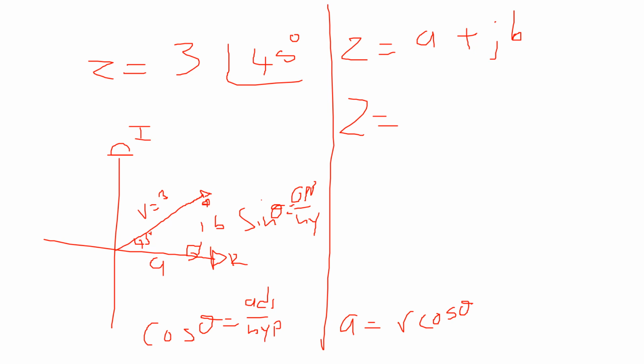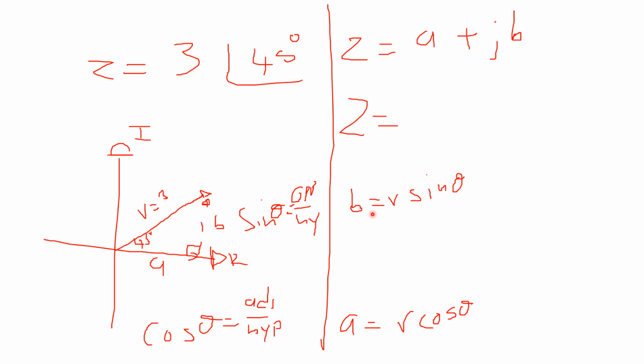Our opposite is B, and our hypotenuse is R. When we cross multiply, B is equal to R sine theta. So we can see that the imaginary part is the resultant multiplied by sine of the angle, and the real part is R multiplied by cos of theta.